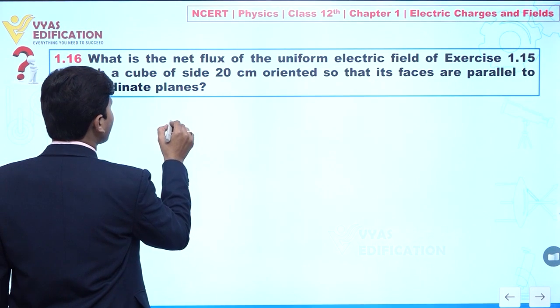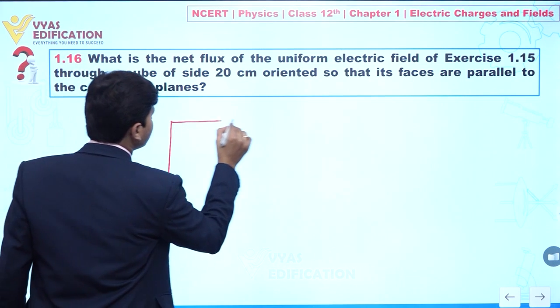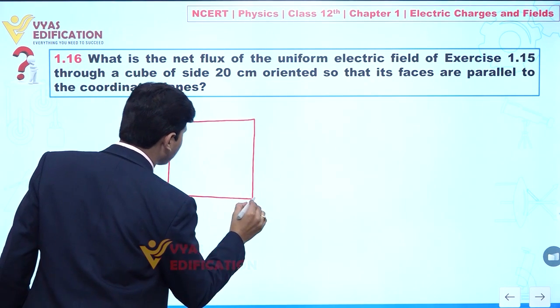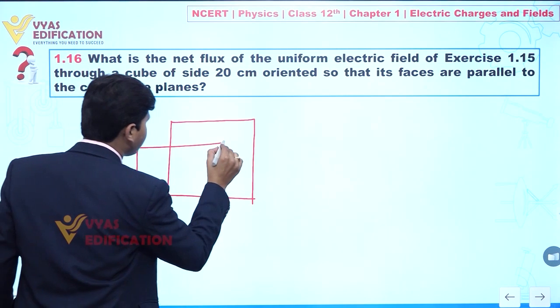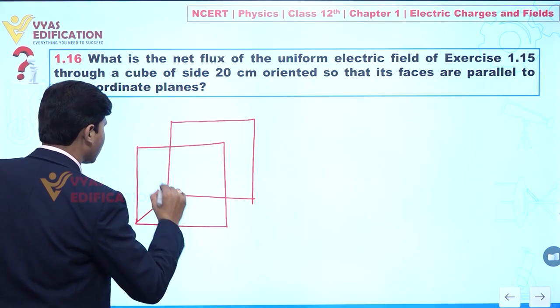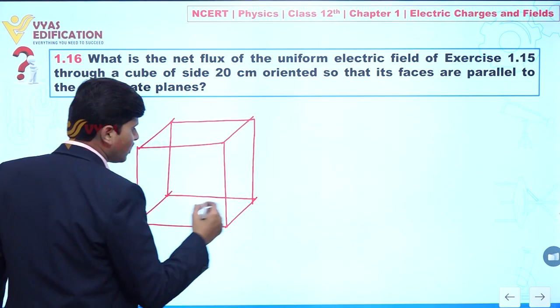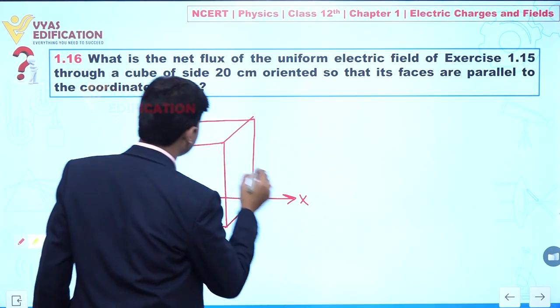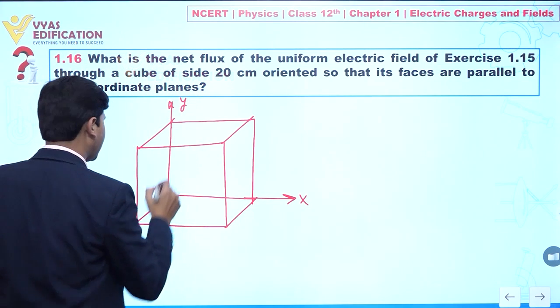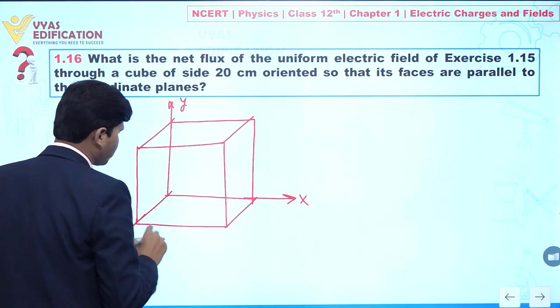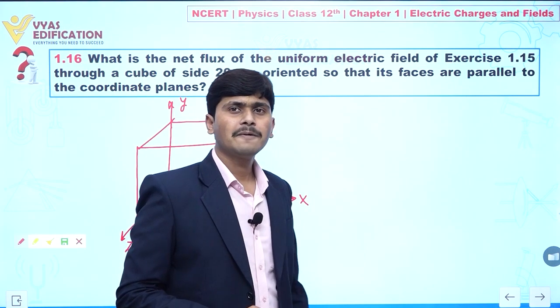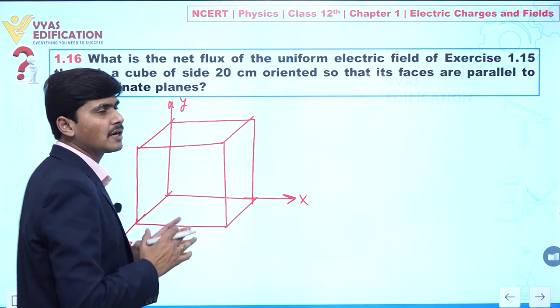Let's suppose we have a cube. Listen carefully to what I am saying. Let's suppose this is the cube. Clear? And its sides are parallel to the coordinate axes. I am assuming this direction as the x axis, this one is the y direction and this one is the z direction. Clear?